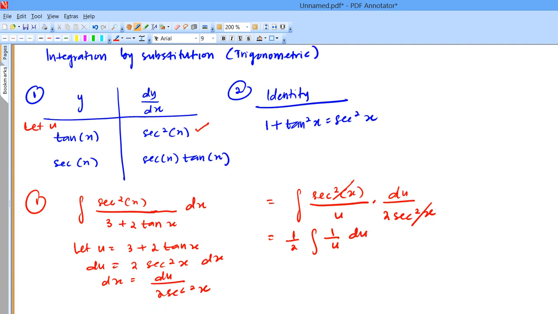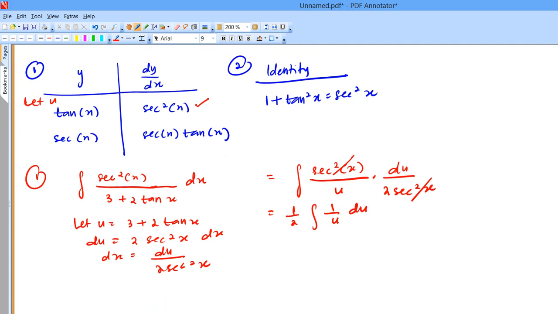So 1 over u du is the same as integrating 1 over x dx. The u at the denominator is to the power 1, so u here is linear. Since the denominator is a linear function, this equals 1 over 2 ln u plus c.